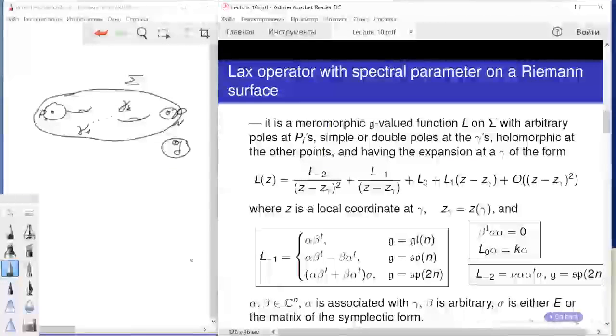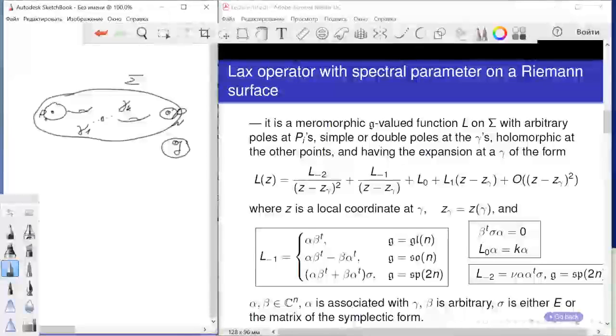Let me explain. We are at the point gamma here. It is associated with a certain vector alpha, which we regard as a column alpha in Cn.